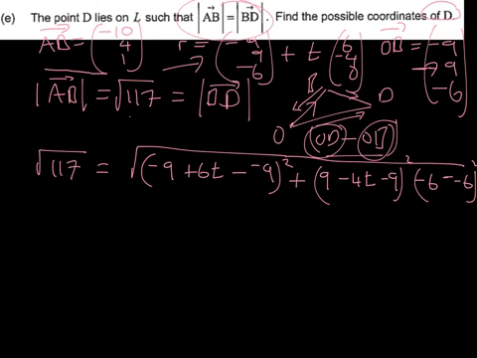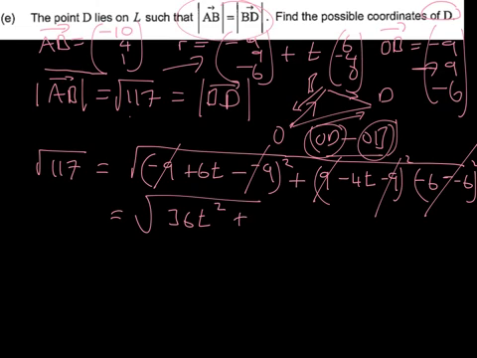You should be able to see then here that this negative 9 is going to cancel out with this, what's going to turn out to be plus 9. This 9 is going to cancel out with this negative 9, and this negative 6 is going to cancel out with this, which is going to leave us with the square root of 36t squared plus 16t squared, which is going to give us the square root of 52t squared, or root 52 times t.